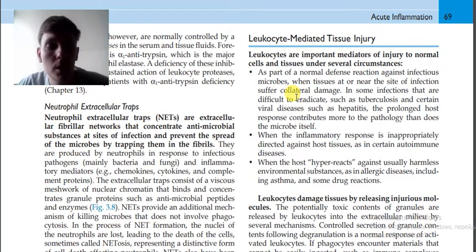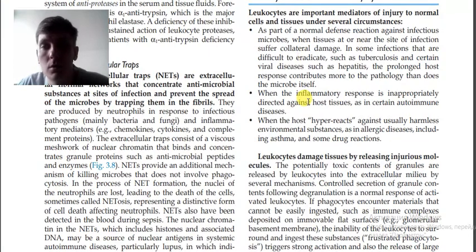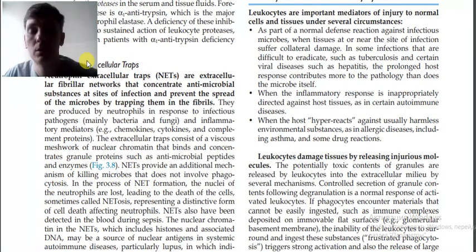Sometimes it overreacts, hyperreacts, and in cases of viruses, it's very important. For example, chronic viral infection. Let's discuss this example of hepatitis. You know that we have hepatitis C and hepatitis B, and they are chronic. Especially hepatitis C is chronic, and it's sometimes called a silent killer.